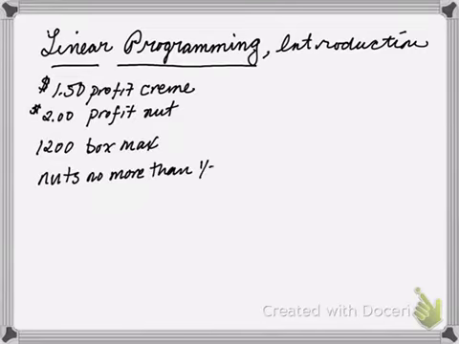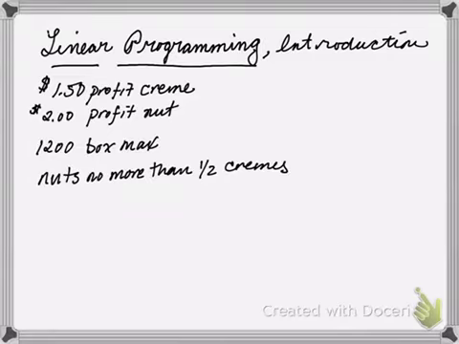than half creams. And then the production level for the chocolate covered creams must be less than or equal to 600 boxes, plus 3 times the production level for the chocolate covered nuts. So again, that's a mouthful there.